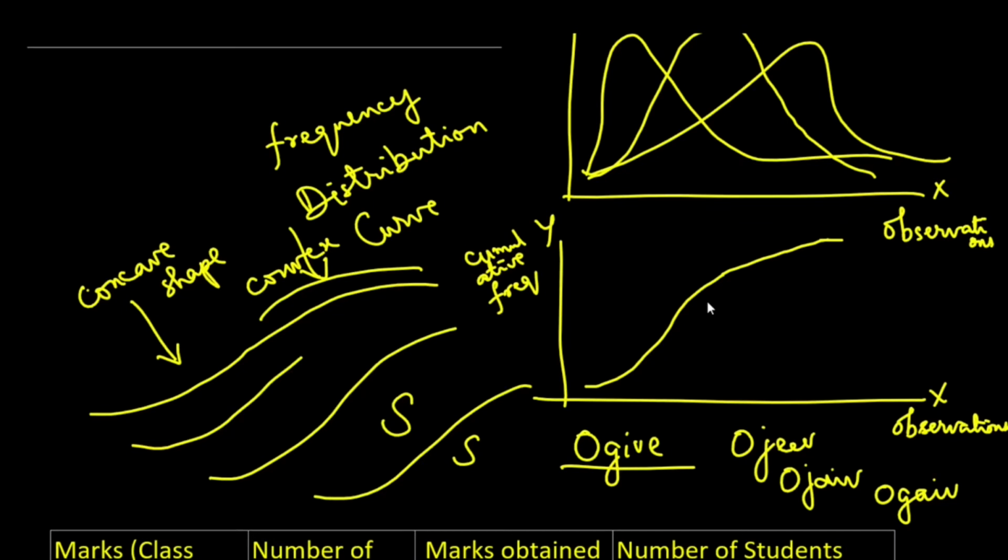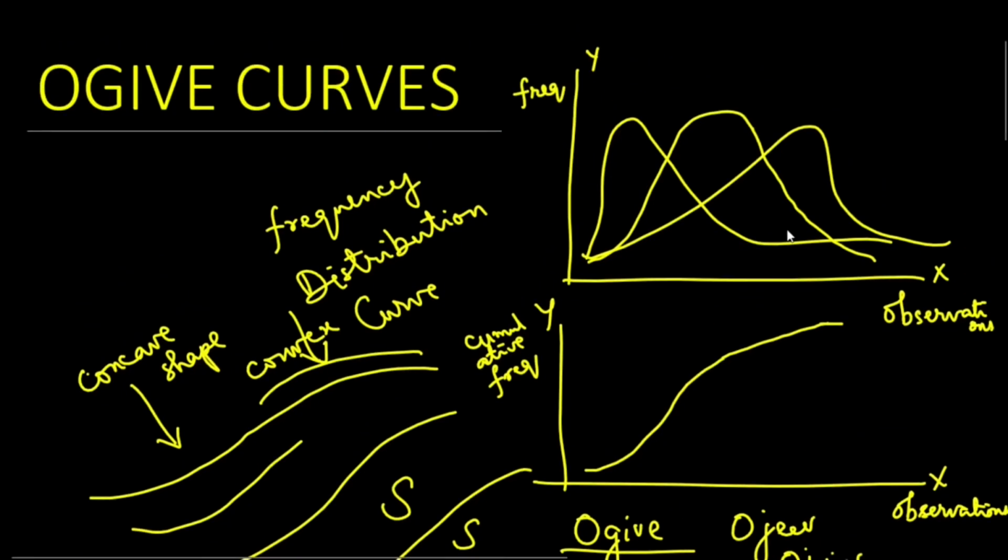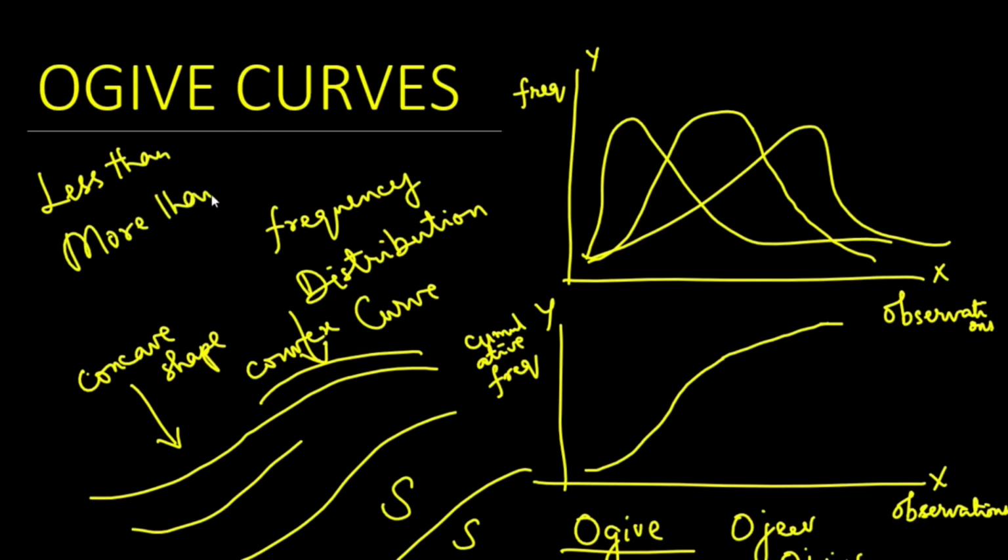Now, the ogive curve is the cumulative frequency distribution curve. There are two types of ogive curves, less than type and more than type. Now let us see how we draw these ogive curves.